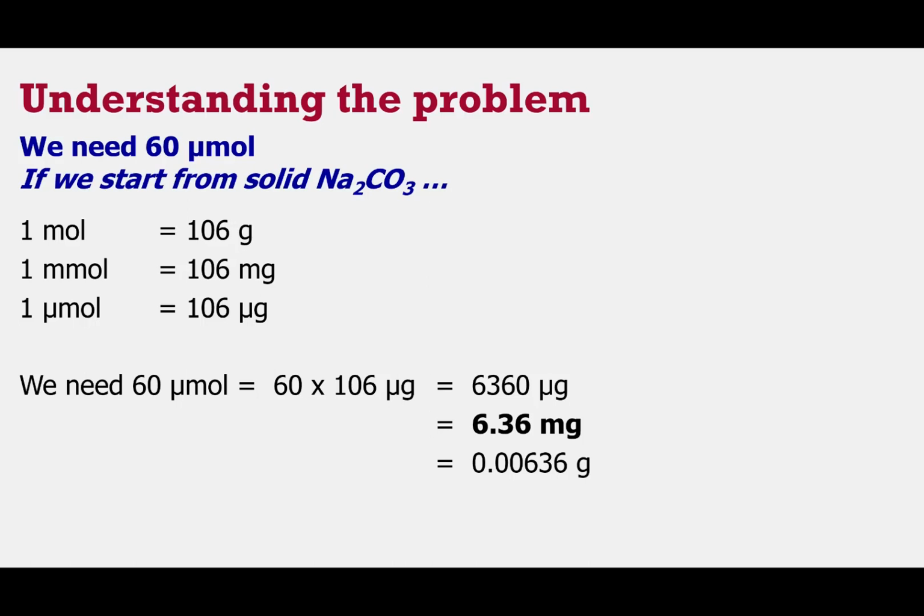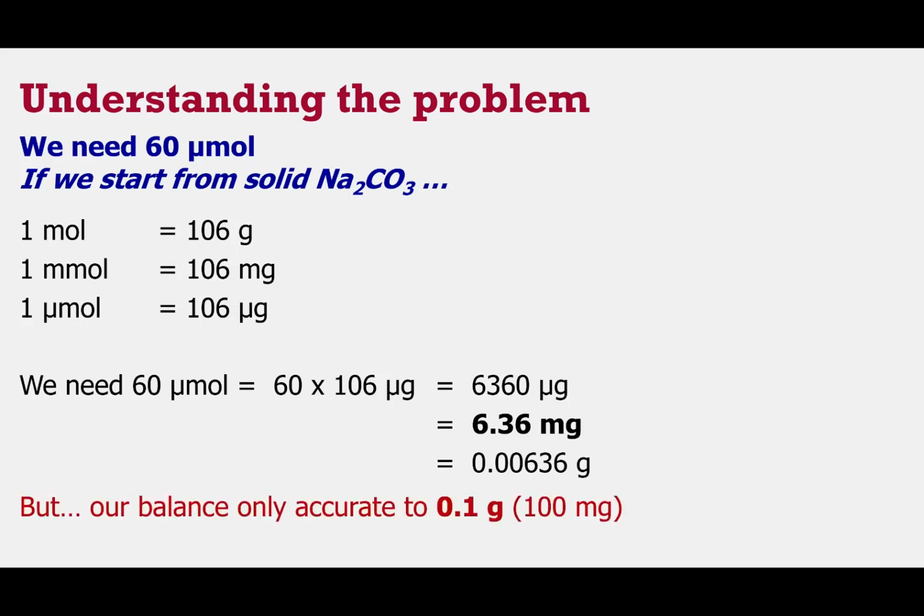And that just poses the scale of the problem. And that relates back to our reservation that was included in the question, that our balance can only measure accurately to 0.1 grams or 100 milligrams. So clearly we are a long way beyond the scope of what we could do with the equipment that we've got available to us. So what are we going to do?